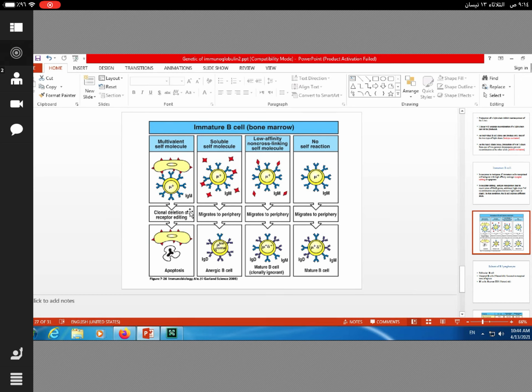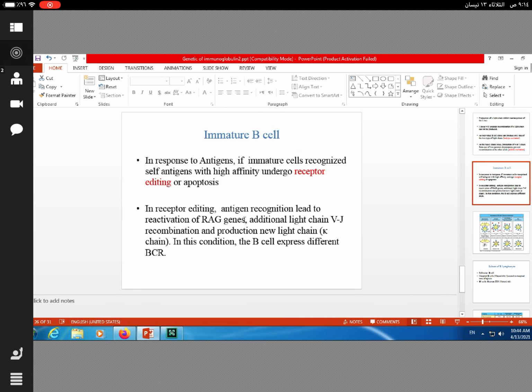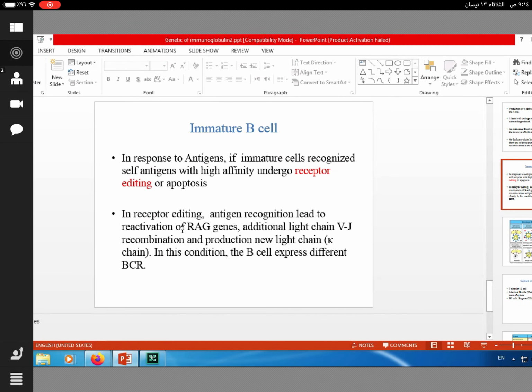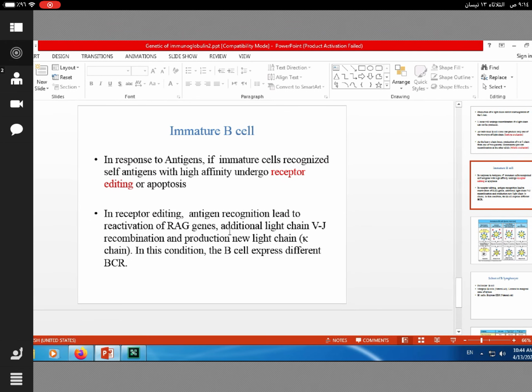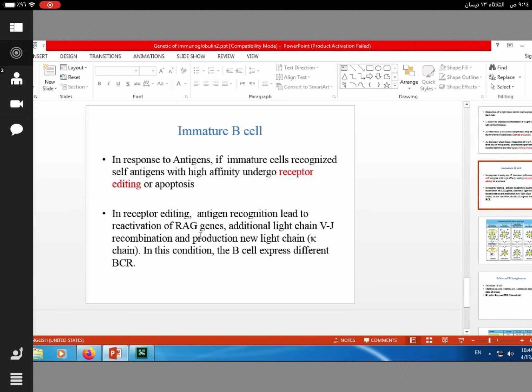In the first stage, cells undergo receptor editing. In receptor editing, antigen recognition leads to reactivation of RAG genes, additional light chain VJ recombination, and production of a new light chain, mainly kappa chain. In this condition, the cells express a different BCR.